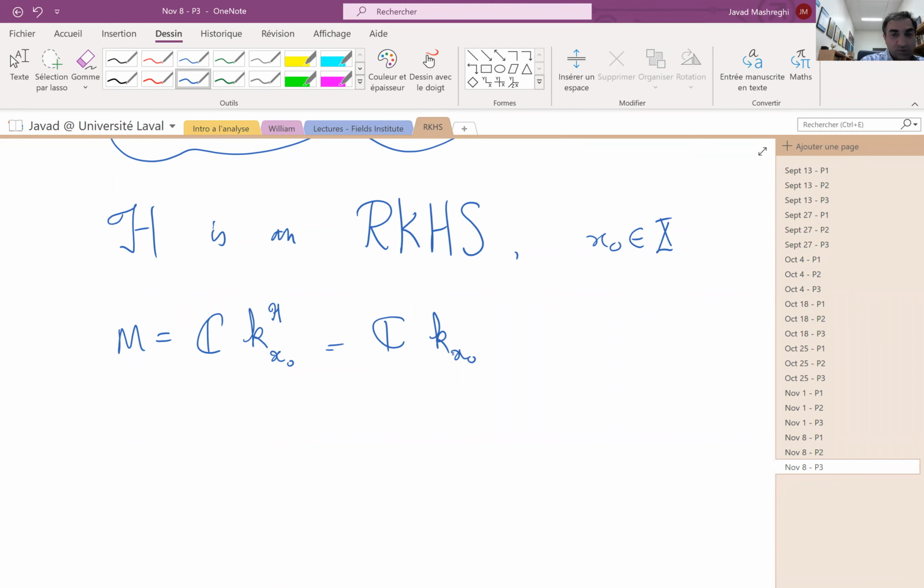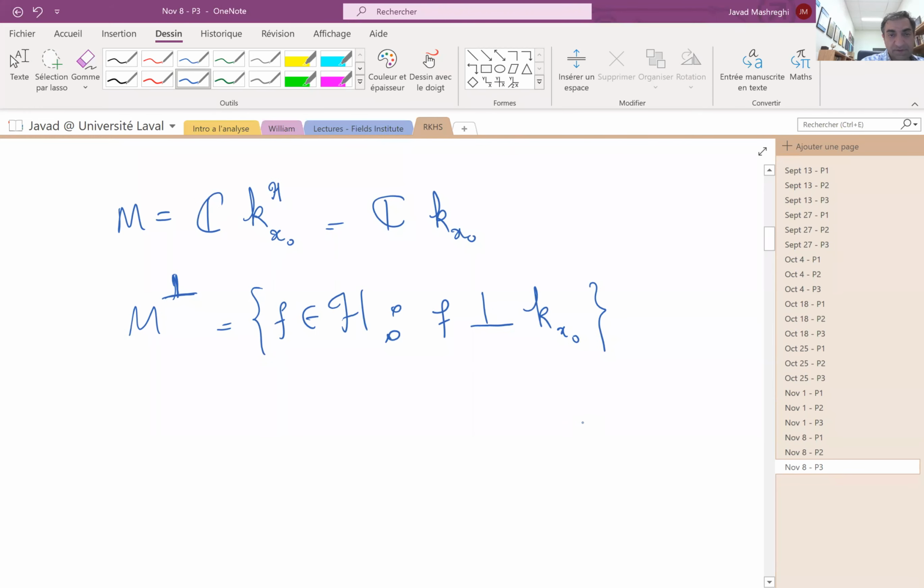In this case, what would be M perp? M perp is all f in H such that f is orthogonal to K_x0, which is the same as the space we are looking for.